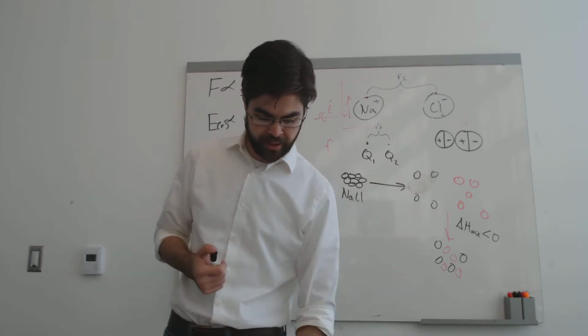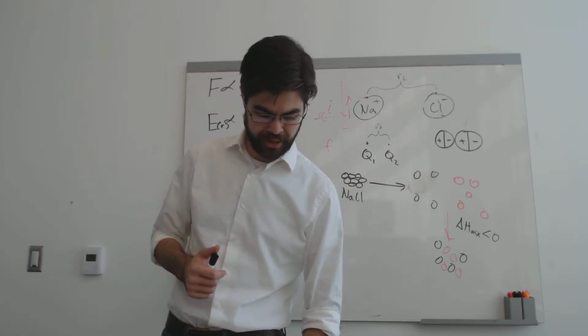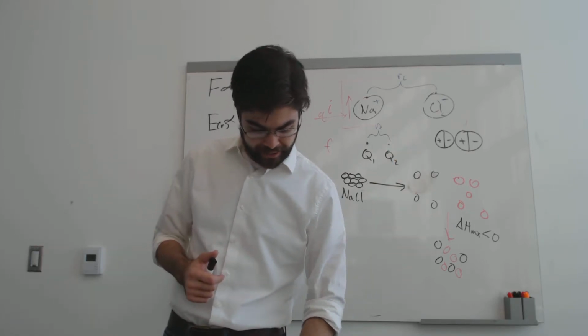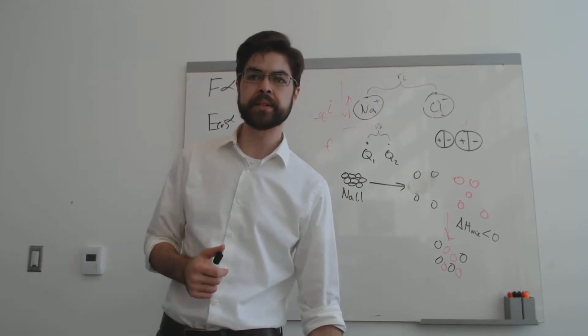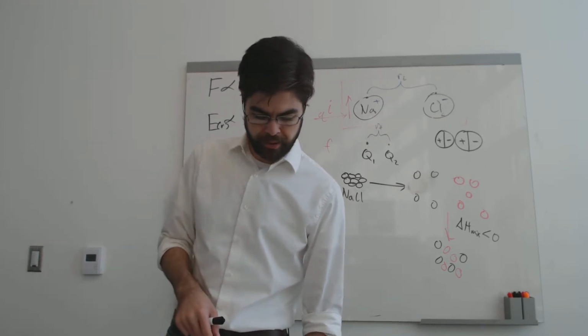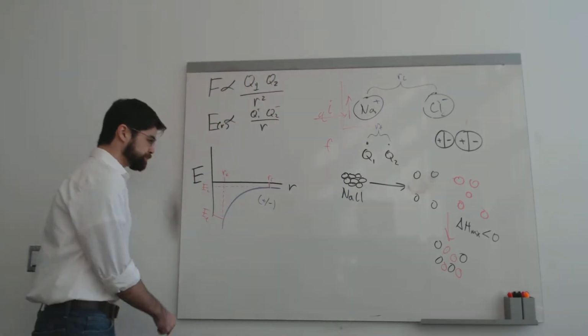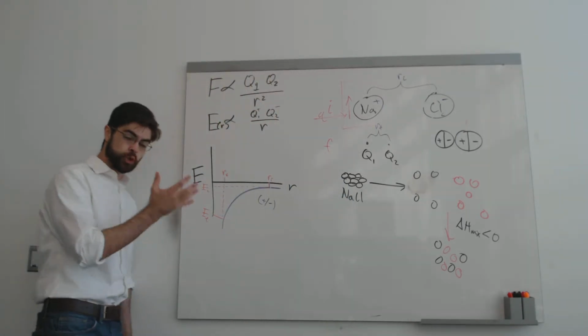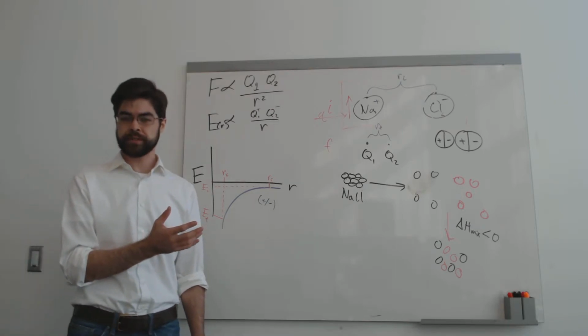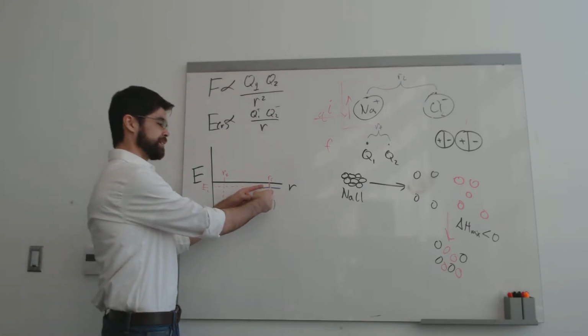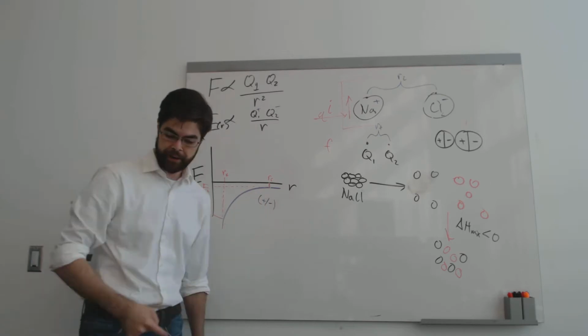So how do you predict these enthalpy changes? The size of delta H changes is going to be dependent on the strengths of the forces. So if you have stronger intermolecular forces, you're going to see much more drastic energy changes.